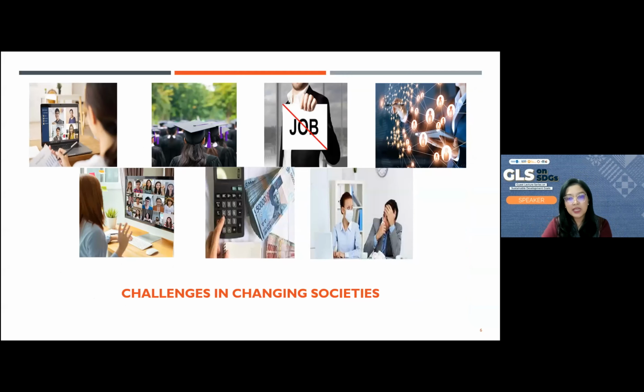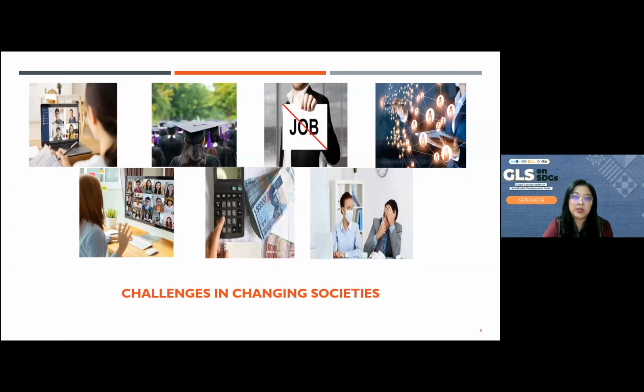And we all know that we face so many challenges in these changing societies. Maybe the students, for example elementary students, even kindergarten students, and high school students, have to work from home, and sometimes they work from school. They go to school and then back home again because of the situation.